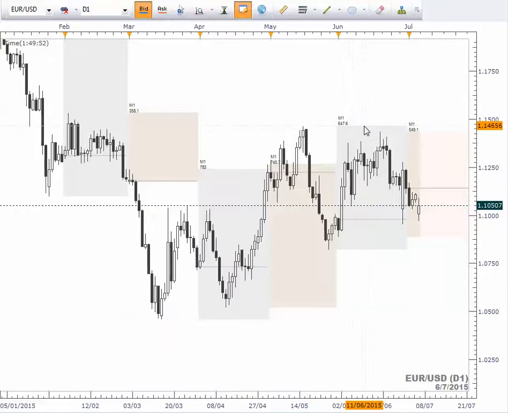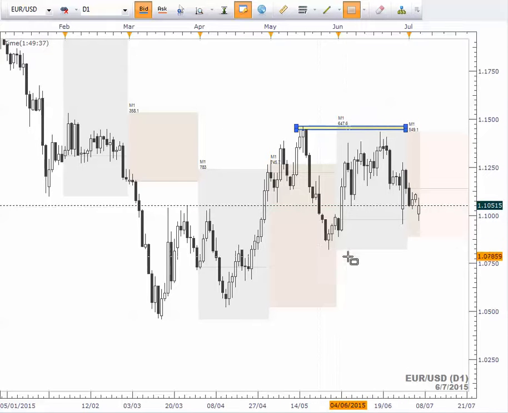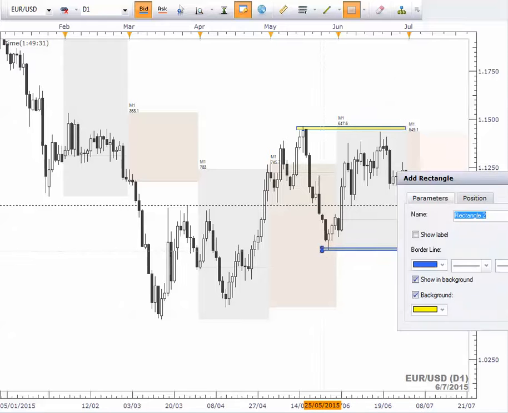So this high that's painted here in the June timeline is actually the high from May, which we can see right there. That carries across. And this low that's painted in June is actually the low from May.